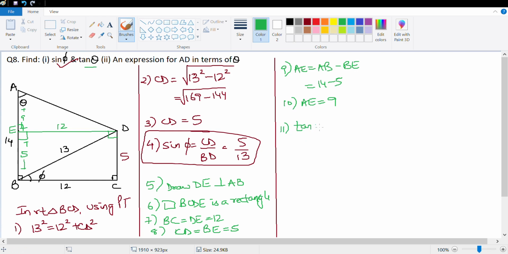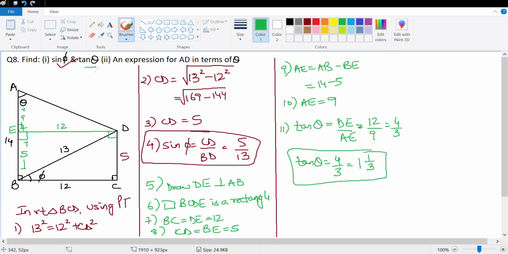Tan theta, if I'm looking at right triangle AED, it would be perpendicular, in this case DE, upon base, in this case AE. So DE is equal to 12 and AE is equal to 9, which is 3 into 4, 3 into 3. So tan theta is equal to 4 by 3.